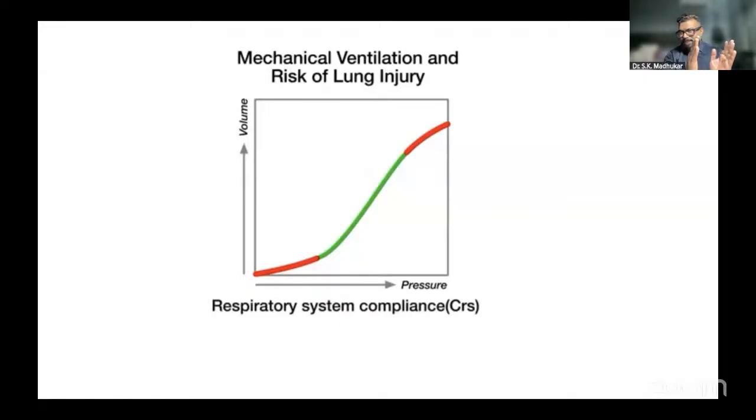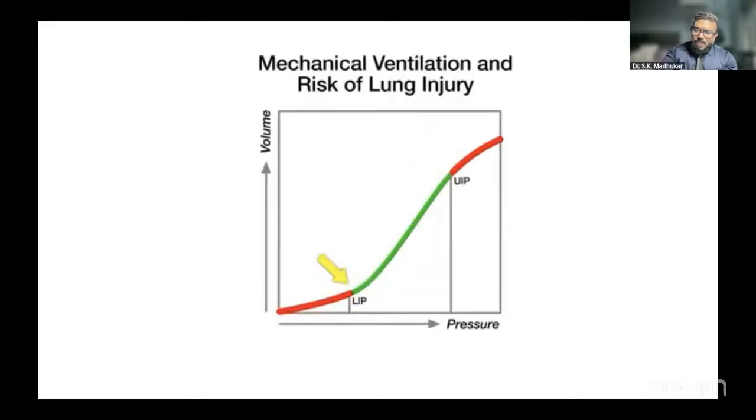This is the initial red line that you are seeing in the sigmoid curve, and this is because of the need to recruit the collapsed alveolar units. We call it the lower inflection point. Any ventilation below LIP will be to recruit the lung into the ventilation.